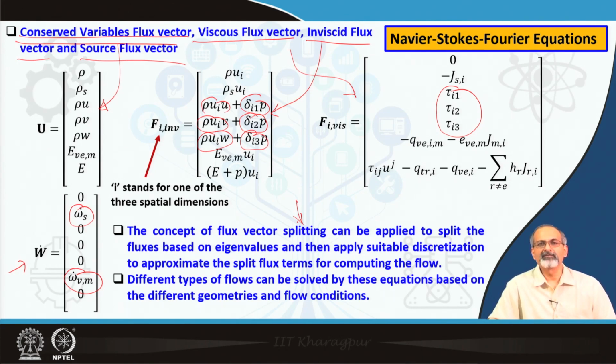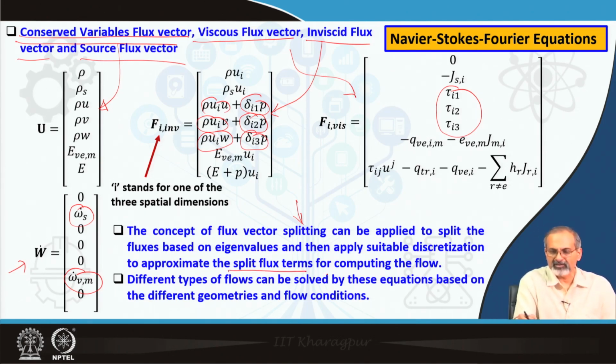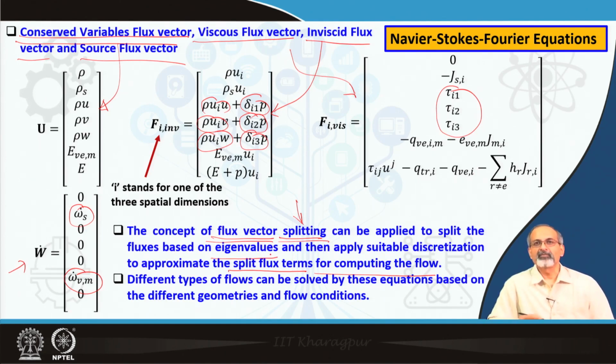The concept of flux vector splitting can be applied to split the fluxes based on eigenvalues, and then apply suitable discretization to approximate the split flux terms for computing the flow. So, when we say flux vector, we often apply the technique of splitting the flux based on eigenvalues, obtained through a certain procedure, and then based on the signs of the eigenvalues, they would all be real eigenvalues if this is a strictly hyperbolic system.